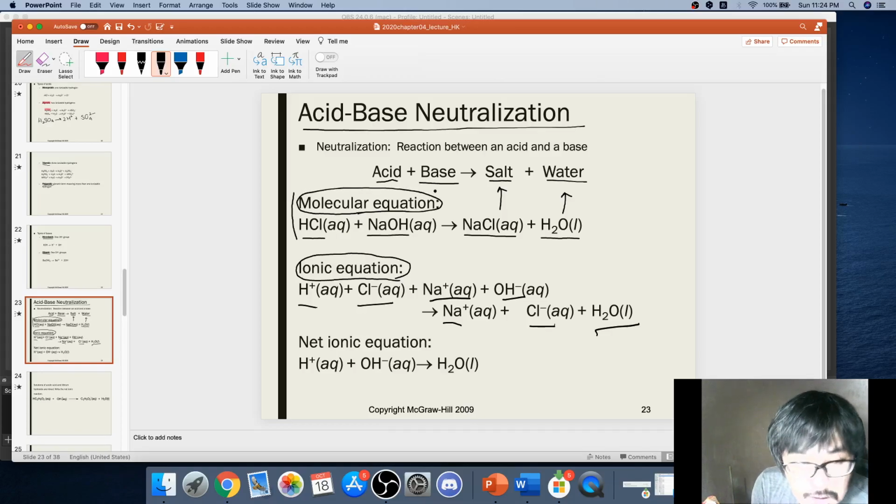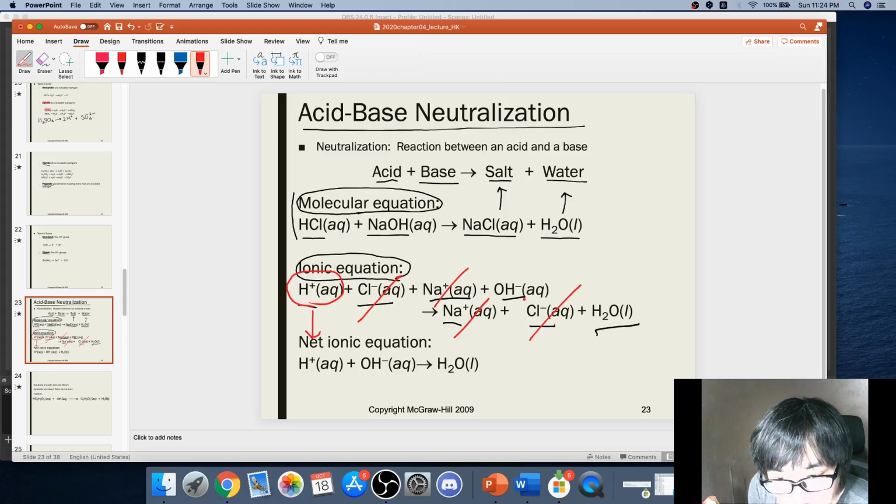And if I cancel these, because there are so many species that show up on both the left-hand side and the right-hand side, the Na plus and Cl minus just cancel. Then what we have is H plus and OH minus on the reactant side, and H2O on the product side.